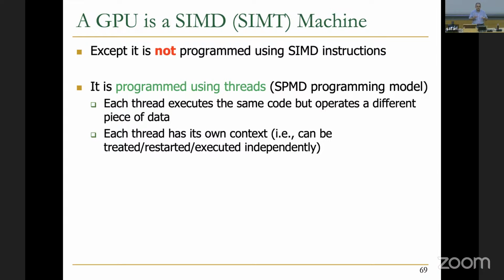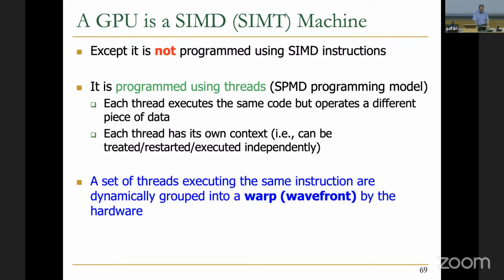But in NVIDIA architecture, we have hundreds of cores, and every core in a GPU has like 64K 32-bit registers. So it's huge. The main reason is that you need to keep the context of all threads on chip, such that you can switch fast between them in order to hide latencies.